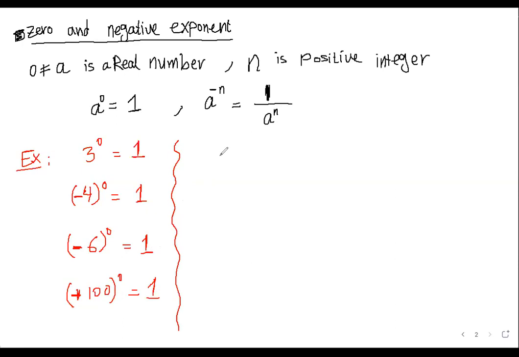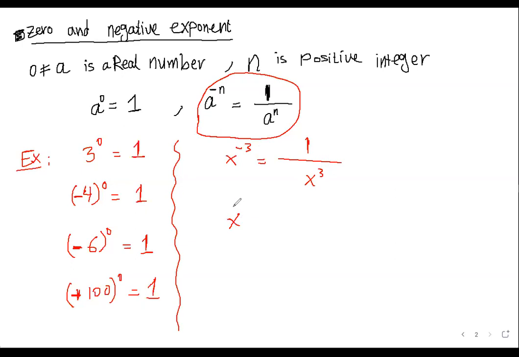Okay, what about something like that? X to the power minus 3. What's the answer? By using this notation, x to the power minus 3 is 1 over x to the third, I mean cube, the positive, not the negative. 1 over x to the power 3, or 1 over x cubed.